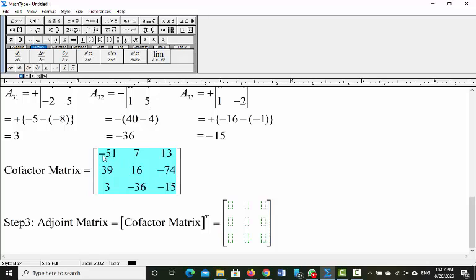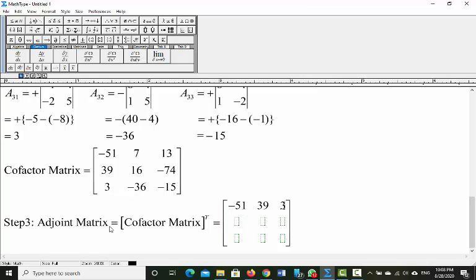So this is the first column, minus 51, 39, 3, it will become first row.